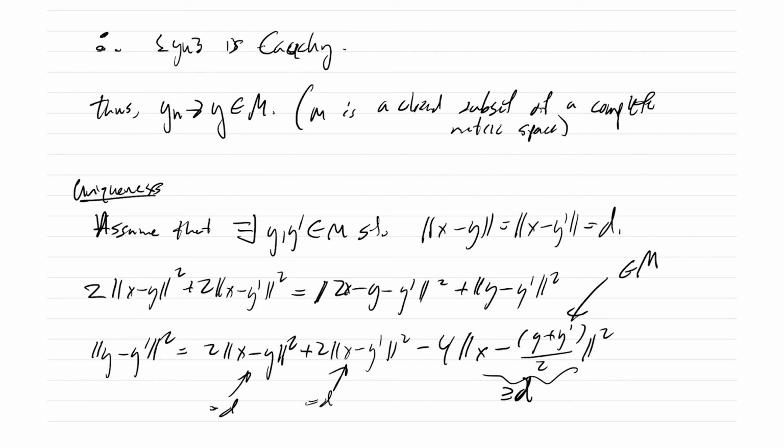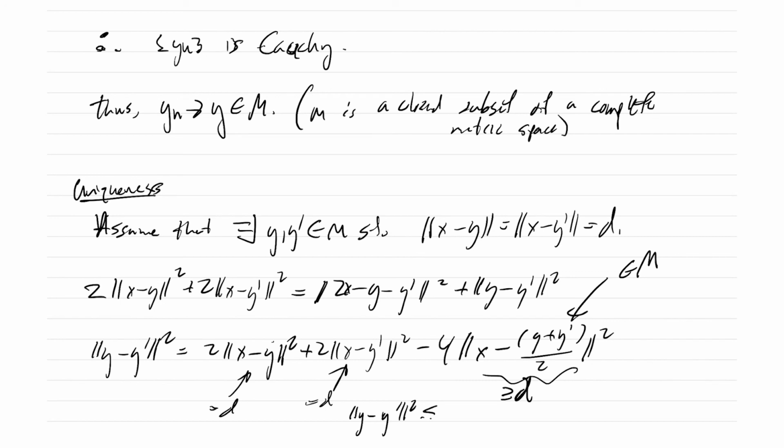So then what you get is the norm of y minus y prime squared is, well, 2 times d squared plus 2 times d squared minus 4 times something bigger than d squared.